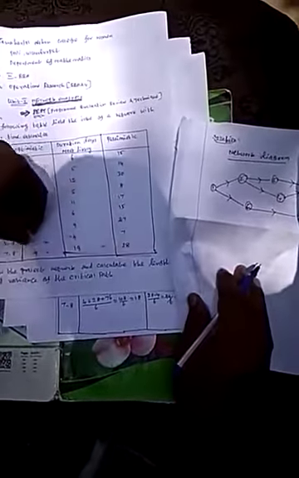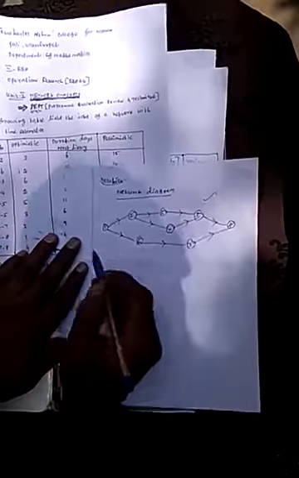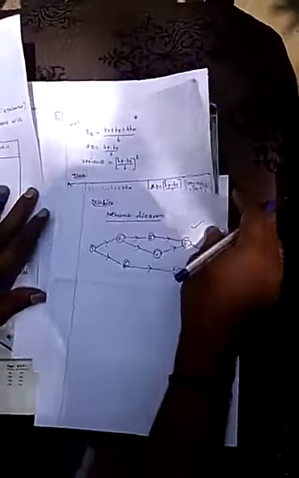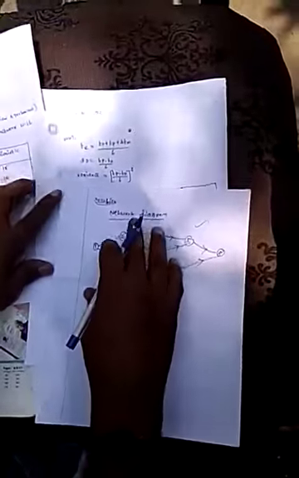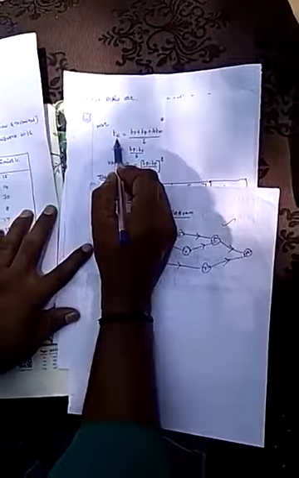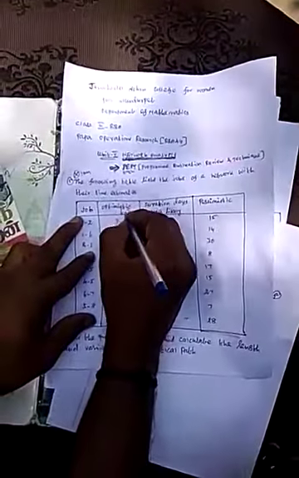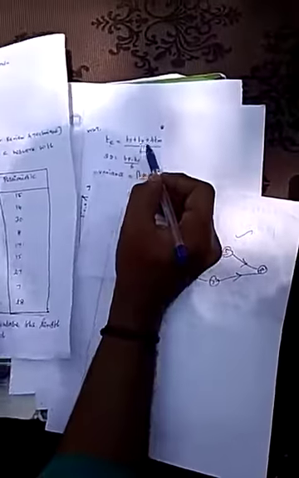Next, calculate the length and variance of the critical path. So now we are going to use 3 important formulas. TE means expected duration. T0 means optimistic time. TP means pessimistic time.